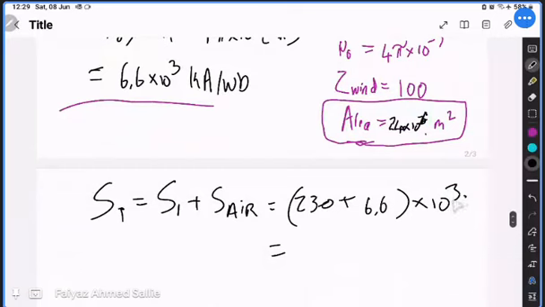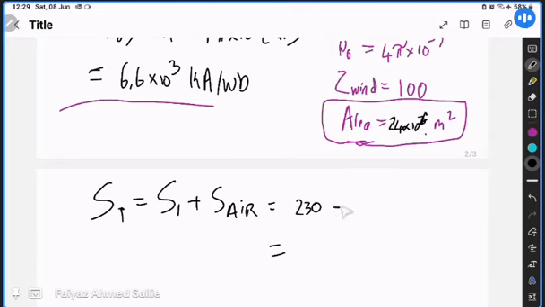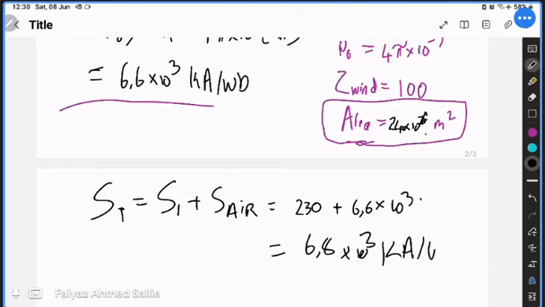Wait, okay, we need to combine the units. 230 plus 6.6 times 10 to the 3. Okay, so we have 6.8 times 10 to the 3 kiloamps.